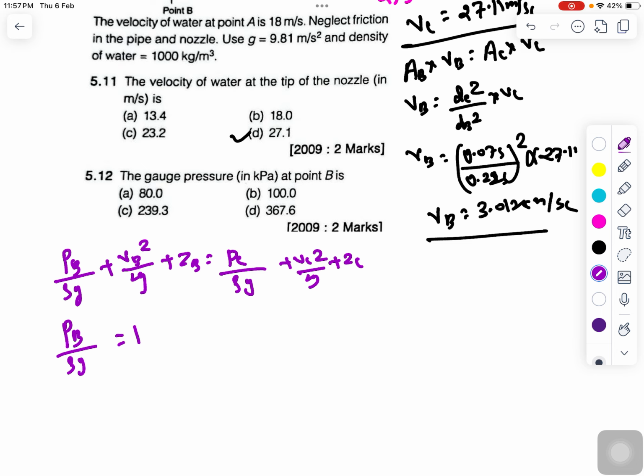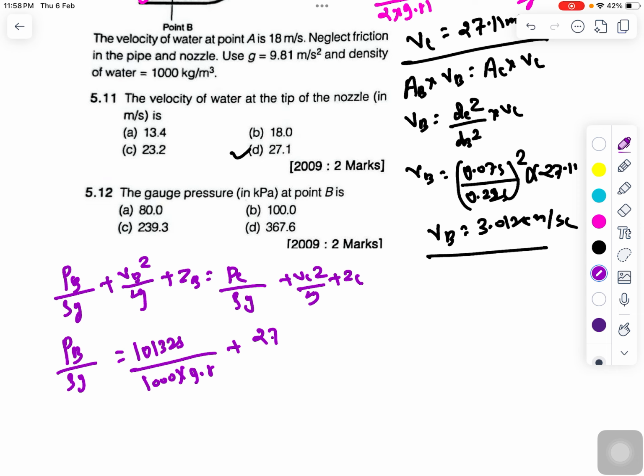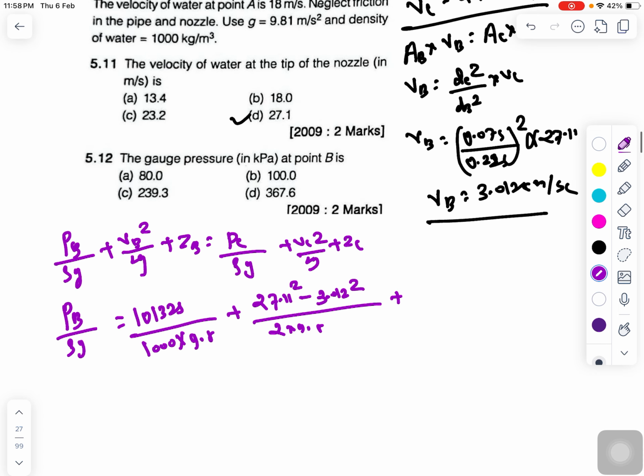So 101.325 Pascal divided by 1000 multiplied with 9.8 plus VC square minus VB square, 27.11 whole square minus 3.012 square, divided by 2 into 9.8, plus ZC minus ZB, which is 0.5. So now you have to calculate these things.